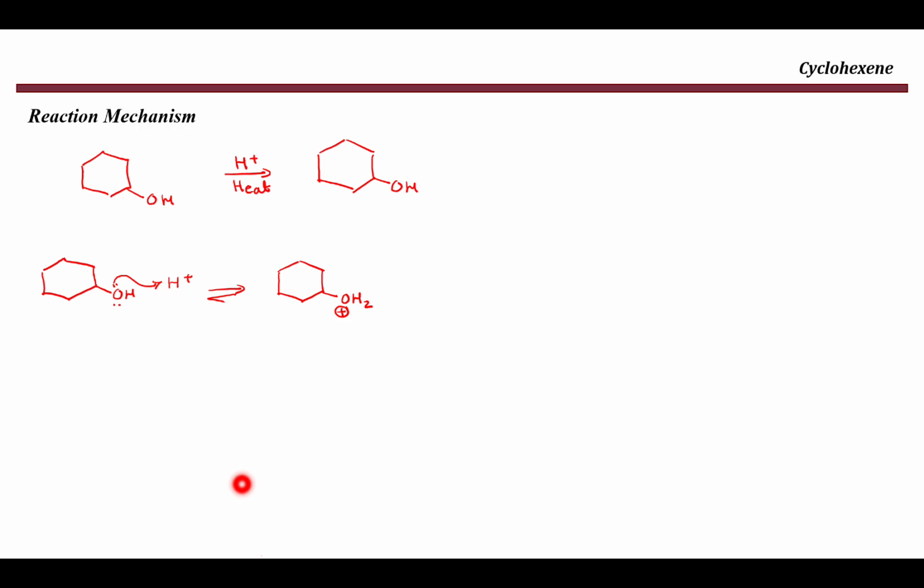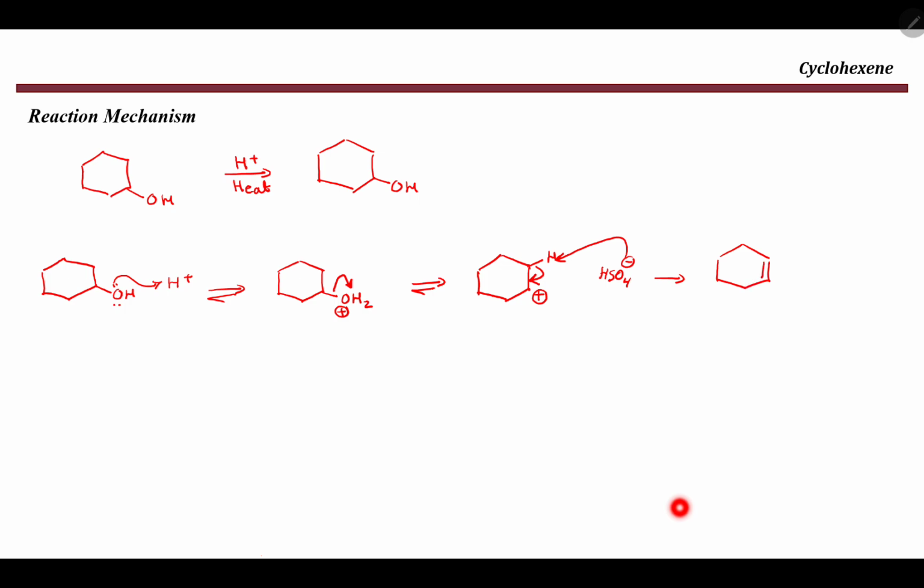Now the OH2+ leaves, and this leads to the formation of a carbocation. And the last step is the removal of a beta hydrogen, so the HSO4- which is formed attacks here, and this goes here, and this is how you make the double bond. So this is the elimination or dehydration mechanism.